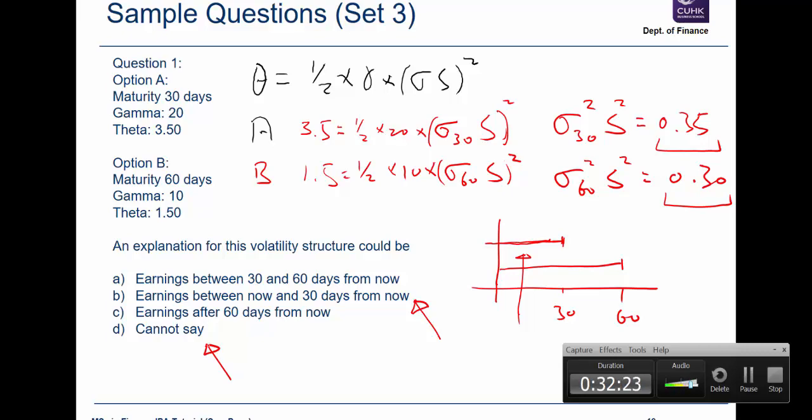And the best answer for me is B, which is capable of explaining this. Whereas A is wrong. And C, well, we don't know because we don't know anything beyond 60 days. So the correct answer is B.